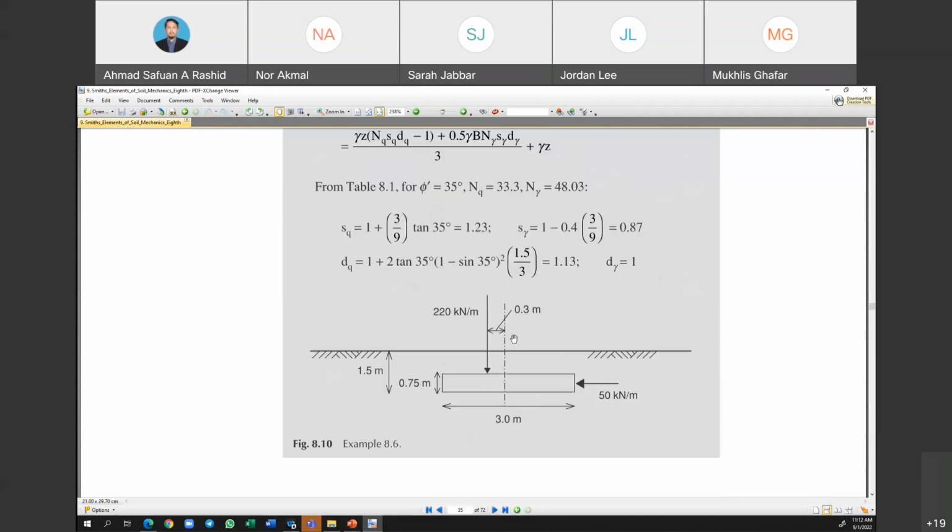So this is the situation here. Later on we may assume this is an inclined load because it has 220 vertical and 50 horizontal.